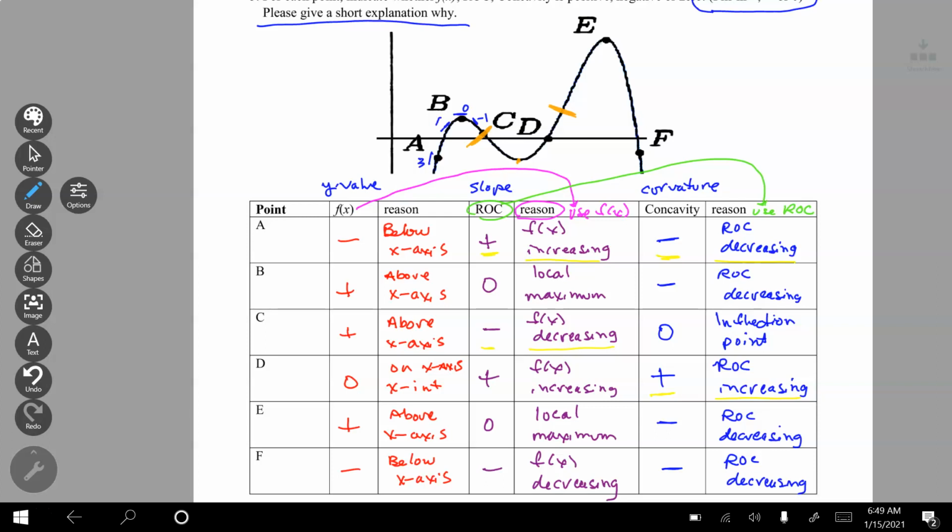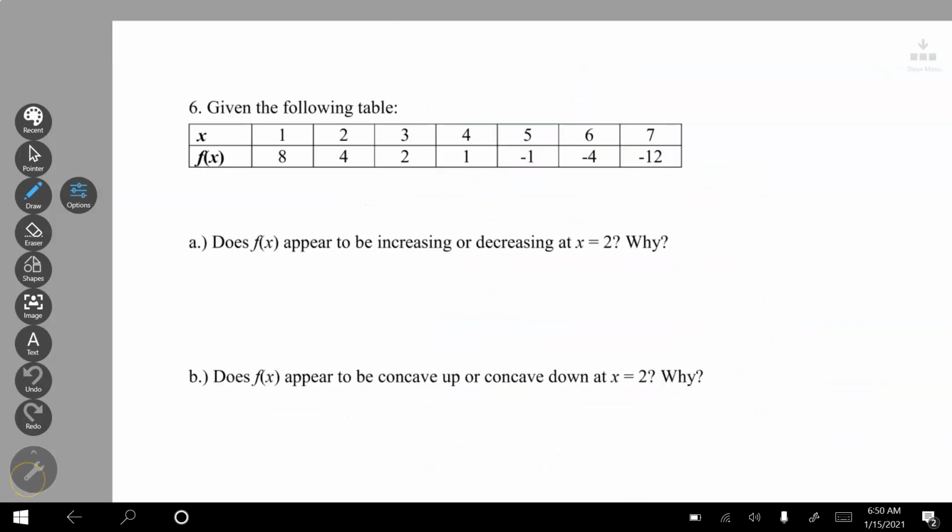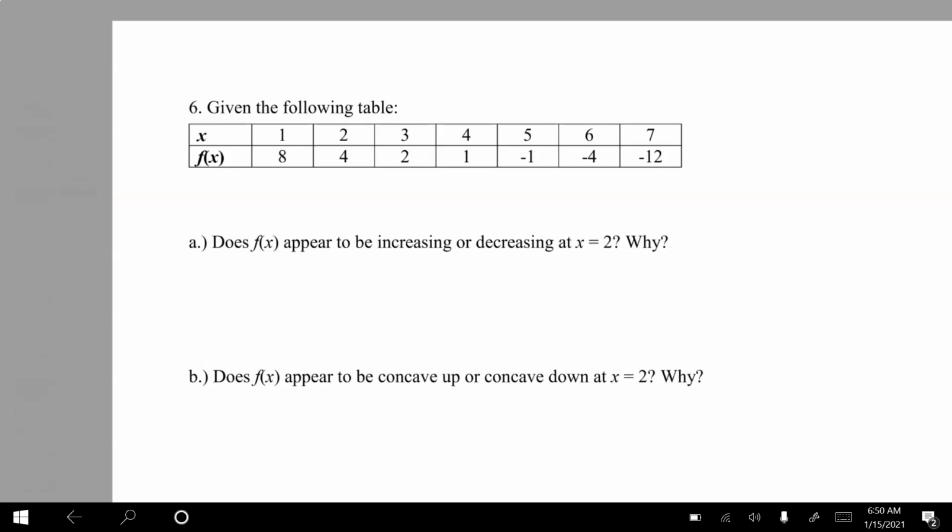You know, this takes a little bit of work, but it's not really that hard once you get the hang of it. So on that last page, we did a graph, and we were able to label points and tell if the ROC was positive, negative, or 0, and if the concavity is positive, negative, or 0, depending on what's going on with the function. I'm going to do it with a table now. Now, what's missing?